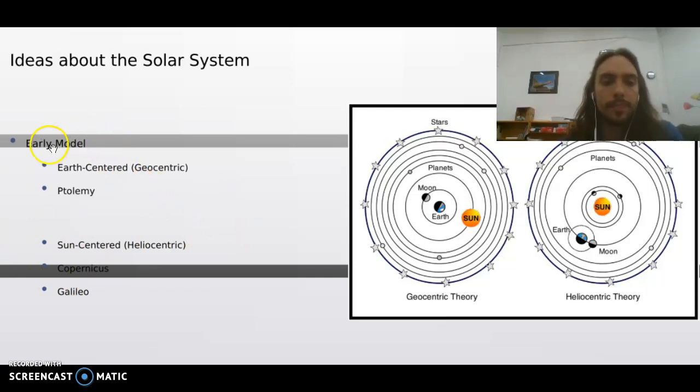So, the early model was Earth-centered. It's called geocentric. Geo is Earth, centric, center. That was Ptolemy. And then the one we use now is the heliocentric model, helio sun, centric, center. And we know through evidence that that is the correct model.